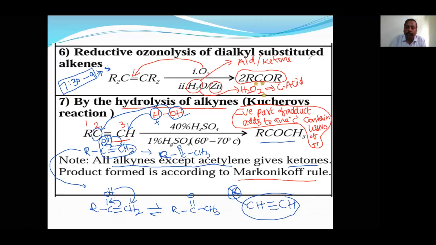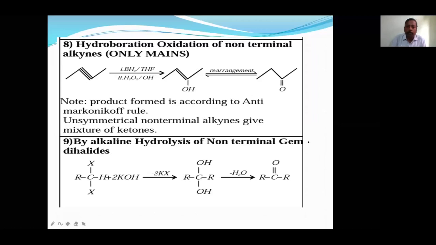So this slide has two very important processes, with mechanisms we have studied. The next procedure is by hydroboration oxidation. In the exam, they will write it as HBO. People confuse it with HBO, home box office, the English channel, but not that HBO.